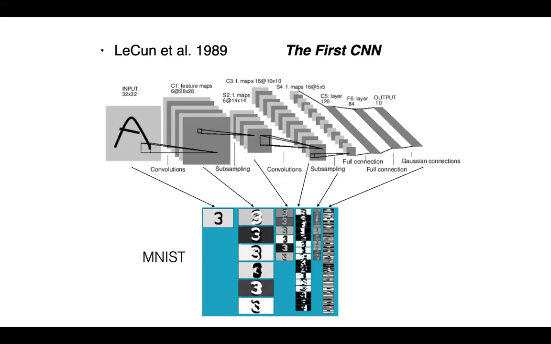And MNIST is a data set of handwritten digits. And here you see that being applied to this convolutional network. So we have a digit three, and you see that in the first layer, it detects edges in different directions. And then as we go through the network, we detect corners and regions.